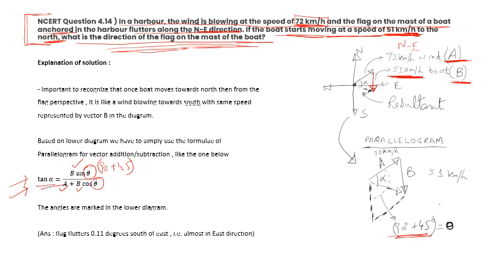Alpha is the angle with respect to vector B that the flag will flutter at for the boat. Once you know alpha, you can find exactly the direction of flutter of the flag with respect to north, south, east, west. So it's a direct application of the formula.